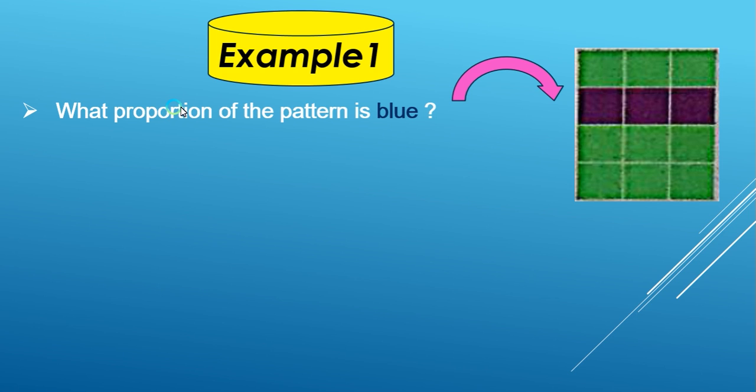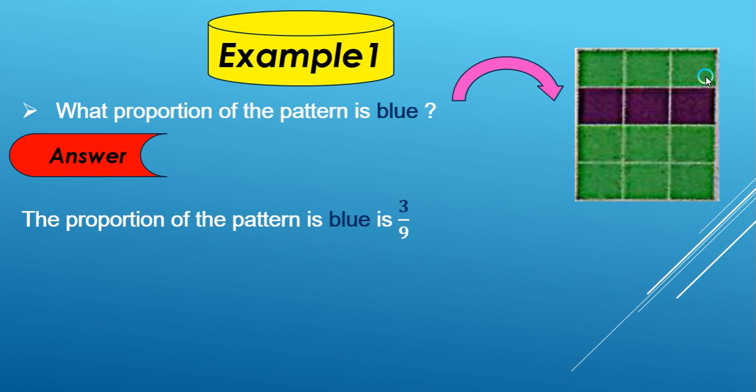If you have a proportion, you have to compare the blue or the orange or any color given to you with what? With the whole, with the total. So you first have to count all the tiles or all the patterns. I have 9. But how many blue? 3. So I have to compare the blue with the total, with the whole, like that.